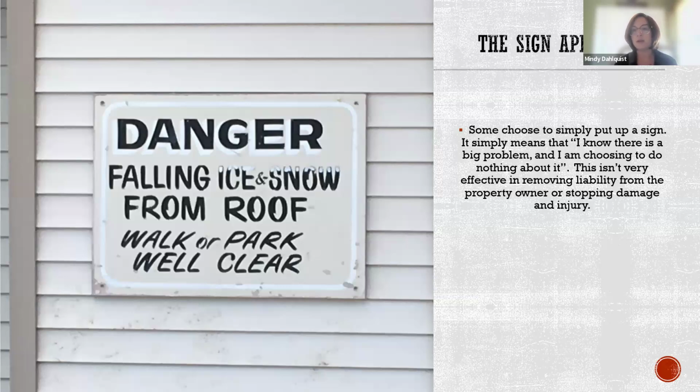But unfortunately, when it comes down to a lawsuit and you walk in and you sit in front of a judge and say, well, I had a sign up that said danger, falling snow and ice from the roof, walk well or park clear, they're going to say, so you know you had a problem and you basically chose to do nothing about it. This is kind of a Band-Aid type of solution. And oftentimes, mostly business owners and things like that are not going to fare well in those situations. It does not remove any kind of liability from the owner, and it definitely doesn't stop any damage or injury.